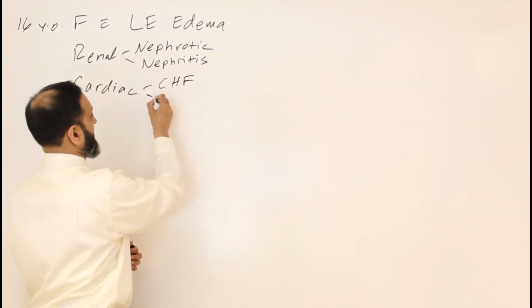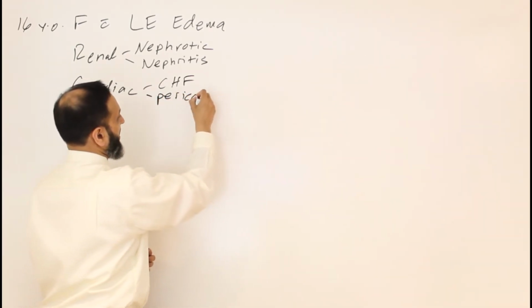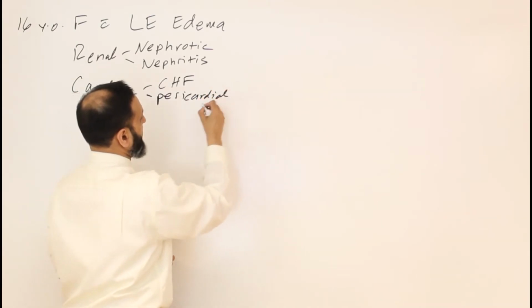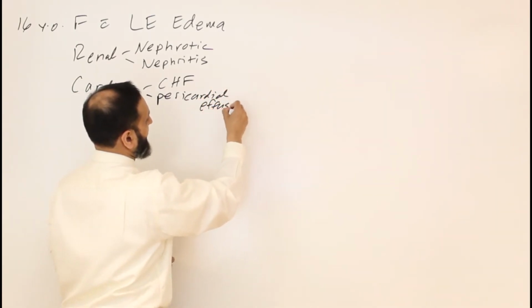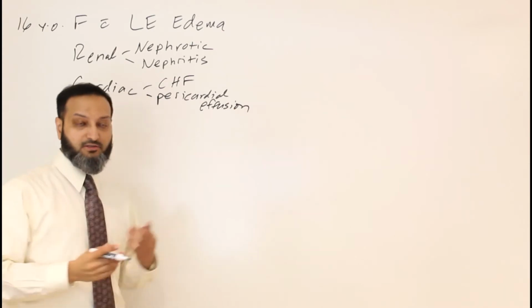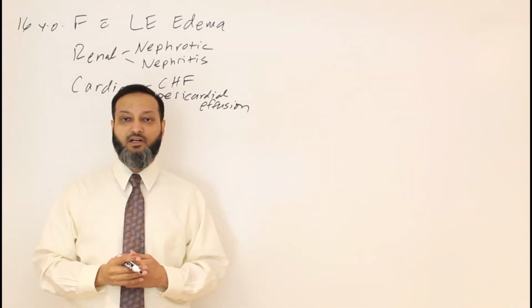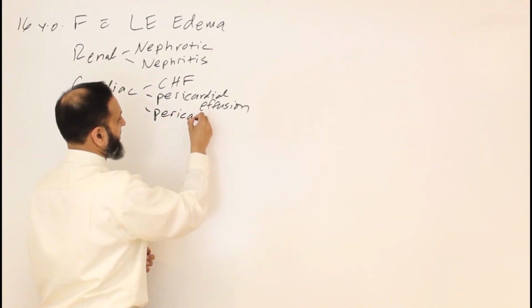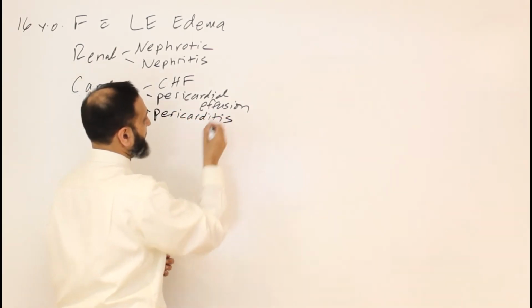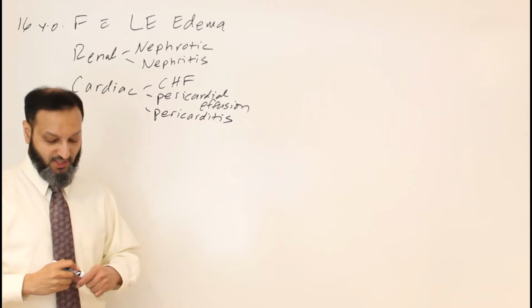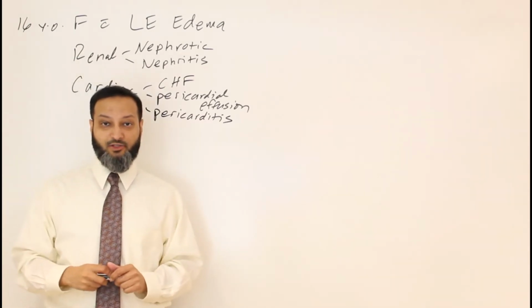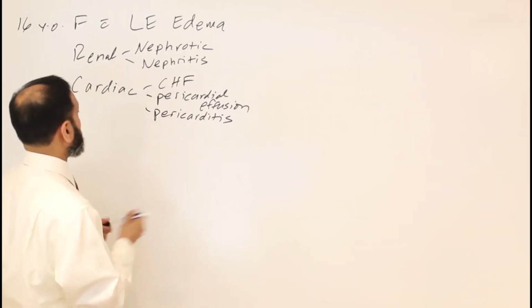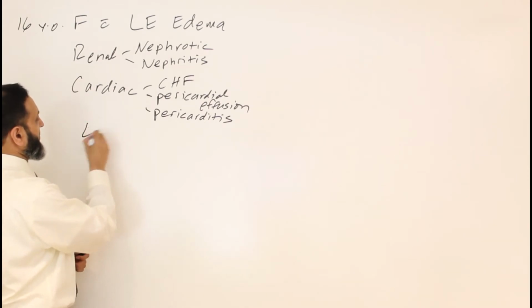You can have a pericardial effusion that can also cause poor cardiac output, and that can give you bilateral lower extremity swelling and edema, or something like pericarditis could do it as well. Again, giving you poor cardiac output, and therefore lower extremity swelling bilaterally. In addition to cardiac, so after renal, cardiac, we then think about liver causes.